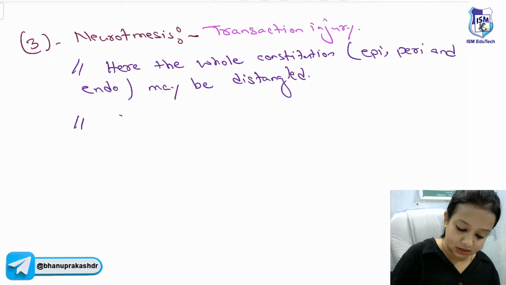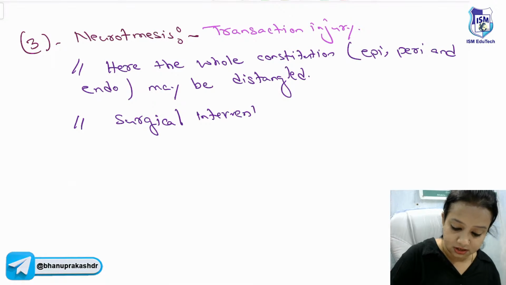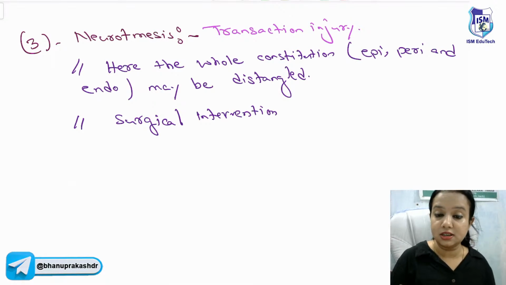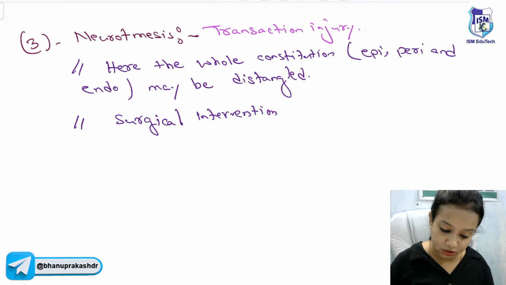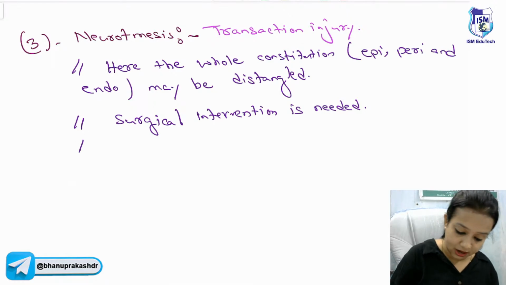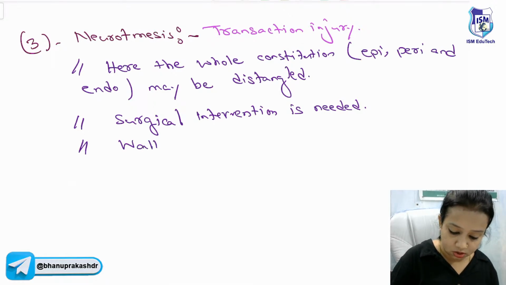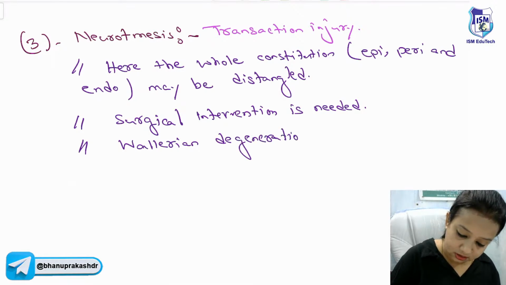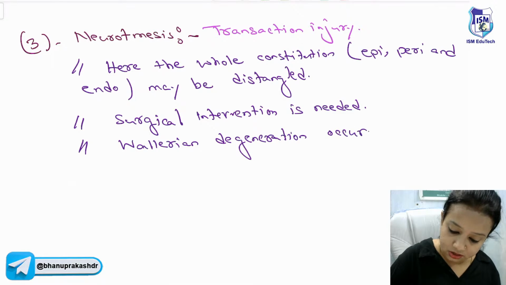In this case, surgical intervention, like a surgery, is needed to correct this kind of injury. Surgical intervention is needed. And also Wallerian degeneration occurs.